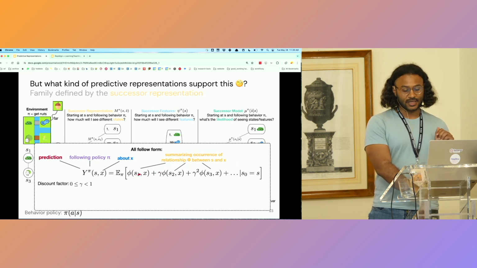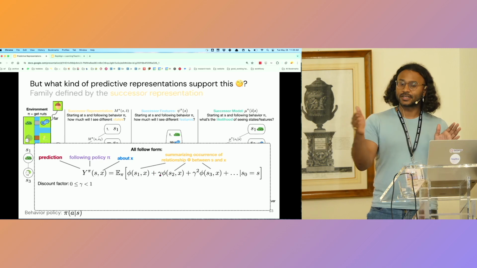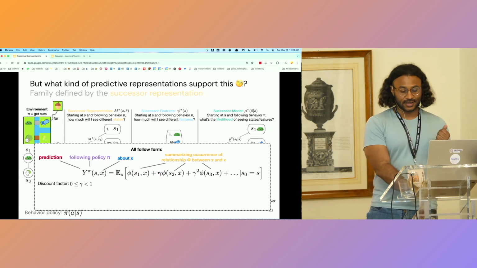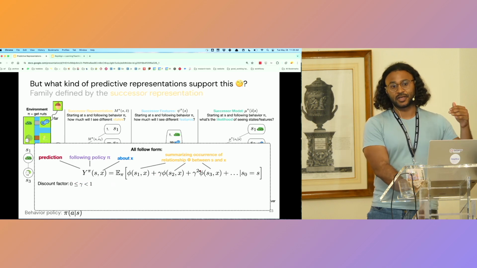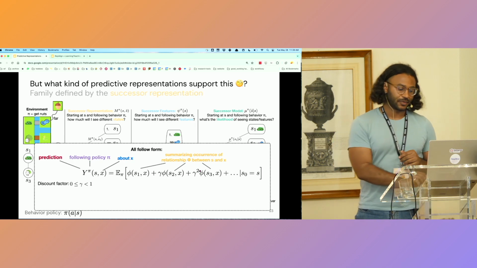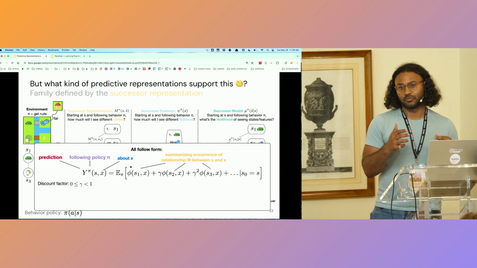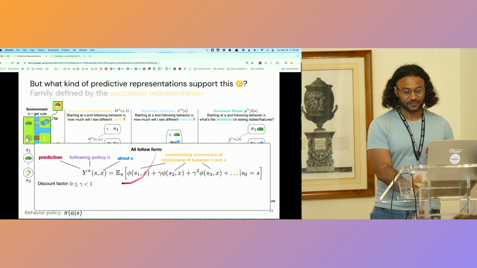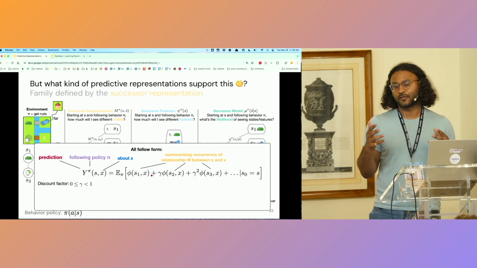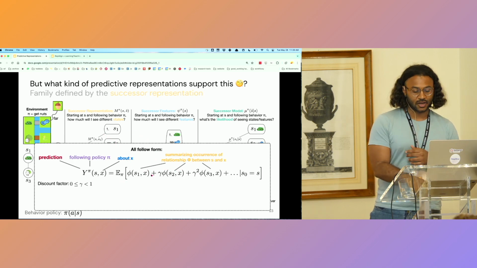Right? So you have phi of s1 and x plus, it's going to be a weighted sum where the weights are these gammas, or discount factors. These discount factors are going to be less than 1, and you're exponentiating them so they get lower as you go further into the future. This is how you formalize all of these predictions. It's a very general way. It ends up being really powerful, and I'll talk about it more for the rest of the talk.